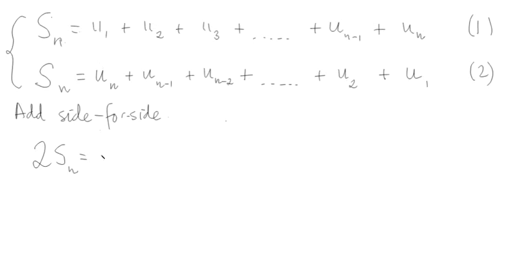Then I'm going to do a bit of a trick here. I'm going to add this term to this term here, u1 plus un, and put it in brackets. Then I'm going to add this term to this term here.